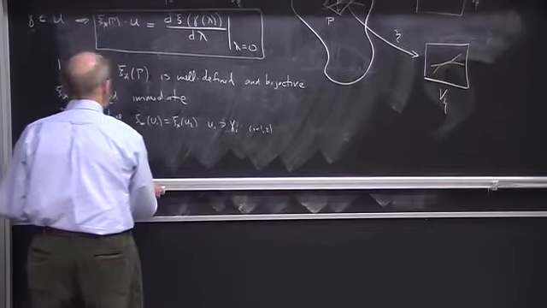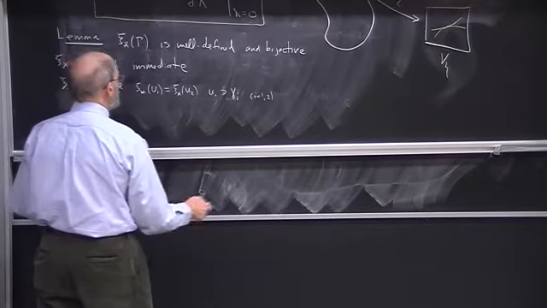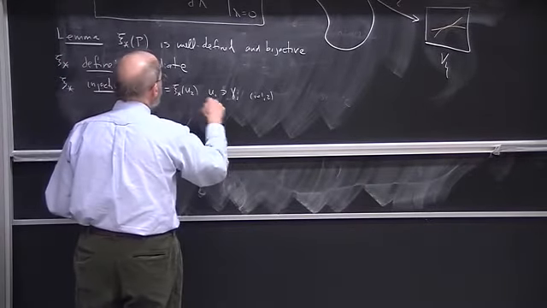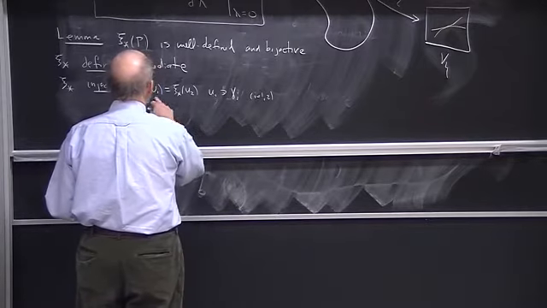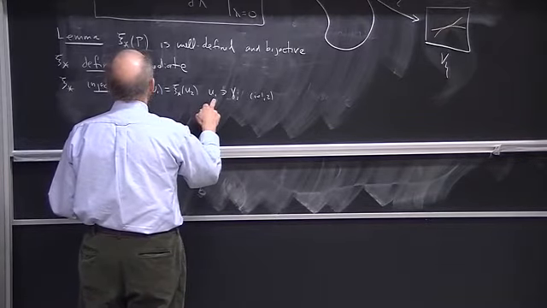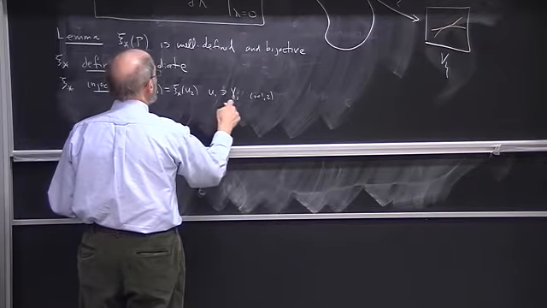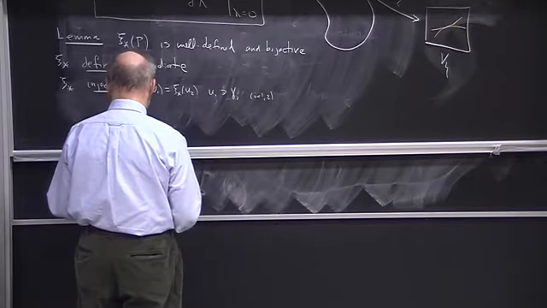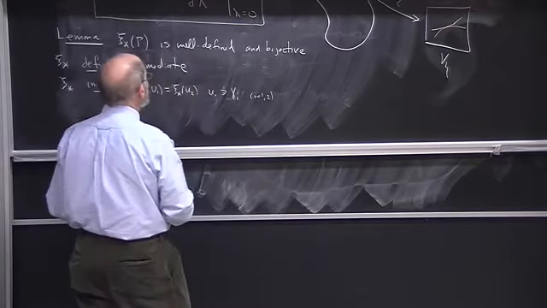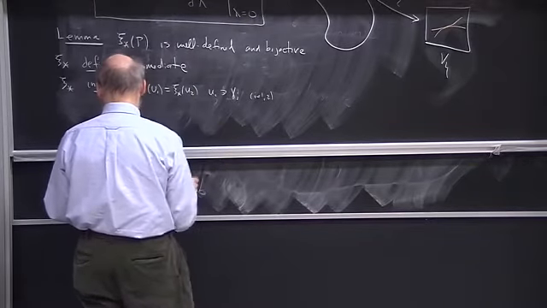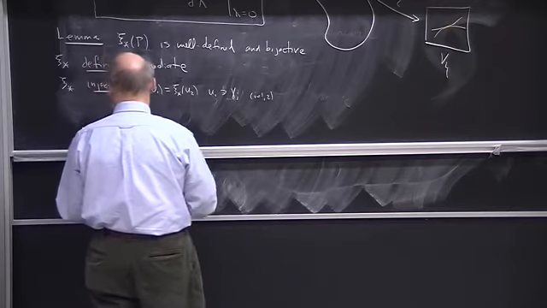Then, what does it mean to say that the two image vectors are the same?